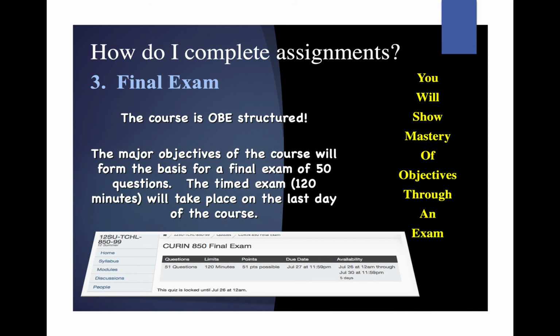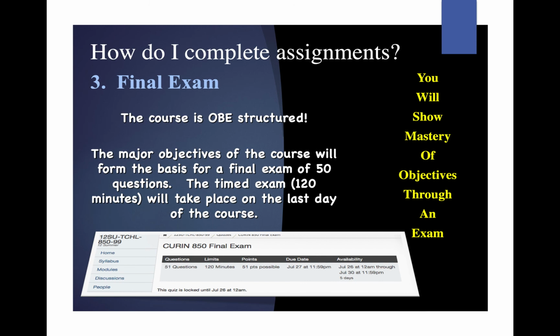The 3rd item that you take is a final exam, and since this is an OBE or structured course, the major objectives are listed for you in the things to do and on the syllabus page, and they will form the final exam. These questions basically, and the objectives will be listed for you in the stat activity, and we will make a cheat sheet for it so you know all the information.